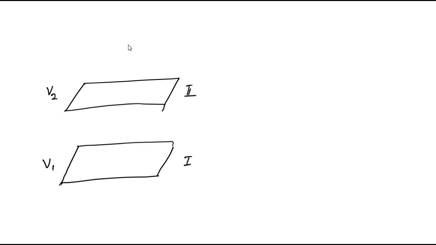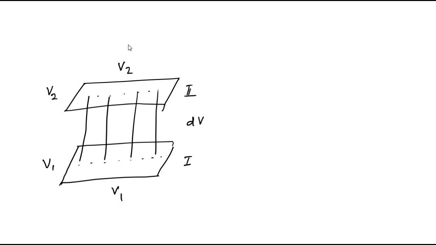All the points on equipotential surface 2 have potential V2, and all the points on equipotential surface 1 have potential V1. So the difference between surfaces 2 and 1 will always be fixed, that is dV is equal to V2 minus V1. Here V2 is at a higher potential than V1, that's why I am saying V2 and V1.